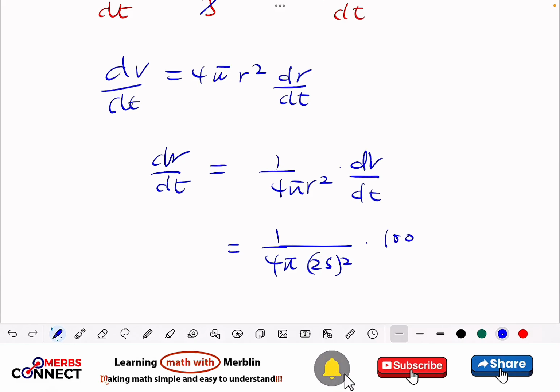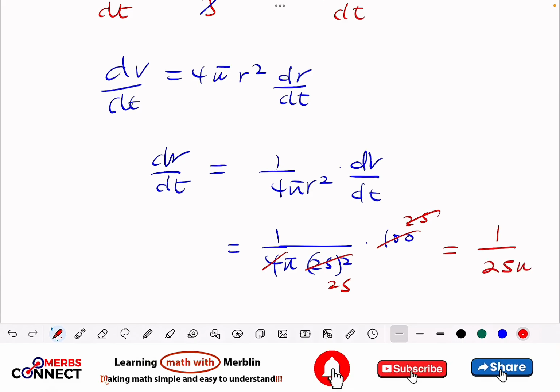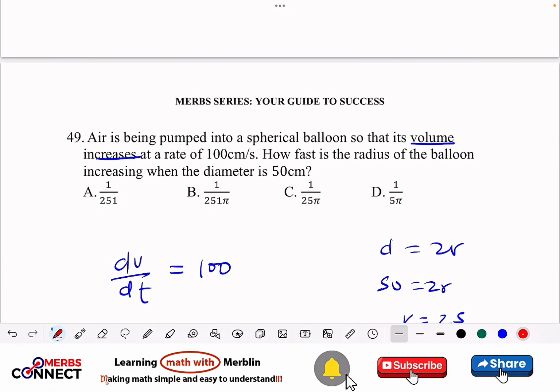So that's basically what I'm going to get here. Now 4 will cancel 100, and then one of the 25 will cancel one of the 25 here. So I'm going to have this one to be 1 divided by 25 pi. So let's see, 1 over 25 pi, and we are going to have C.